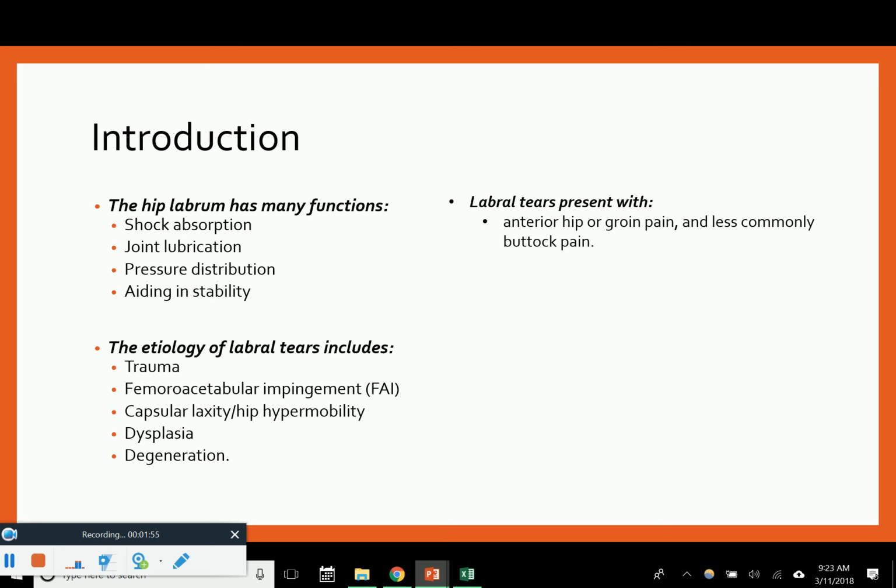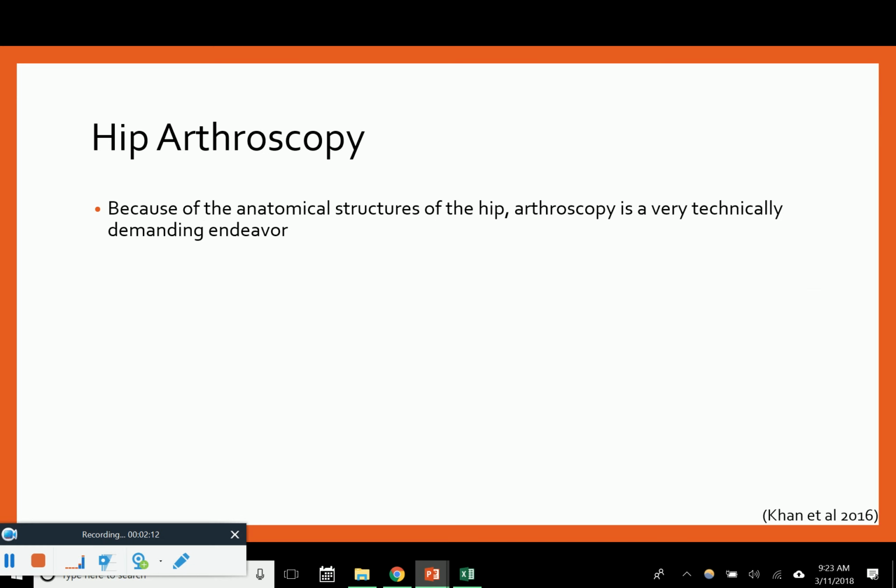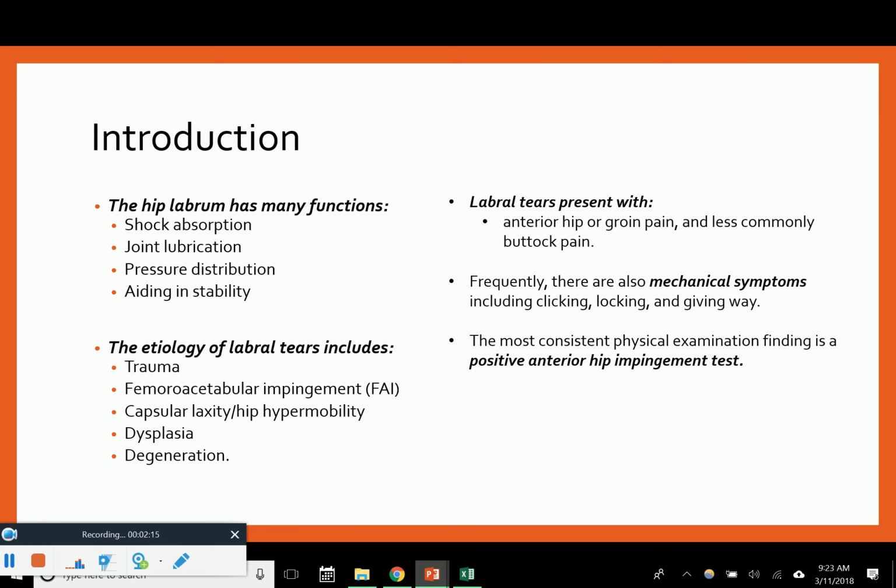Labral tears present with anterior hip or groin pain, and less commonly buttock pain. Frequently, there are also mechanical symptoms including clicking, locking, and giving away. The most consistent physical examination finding is a positive anterior hip impingement test. That's what we would look for in a labral injury.